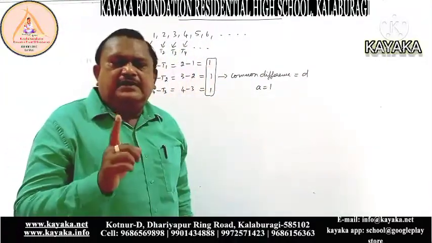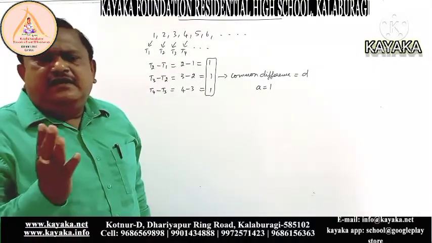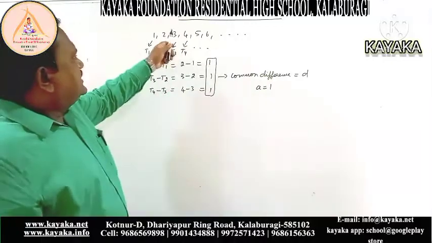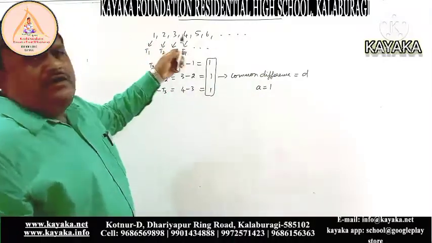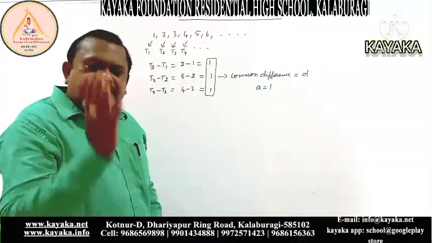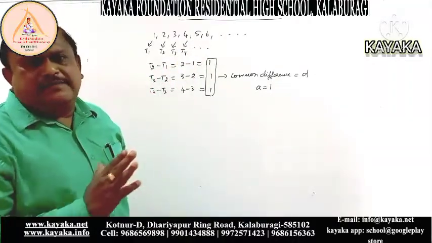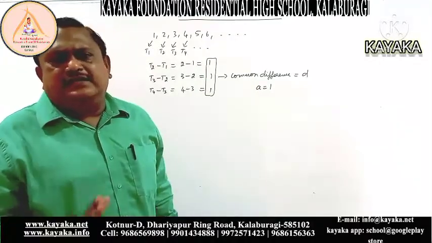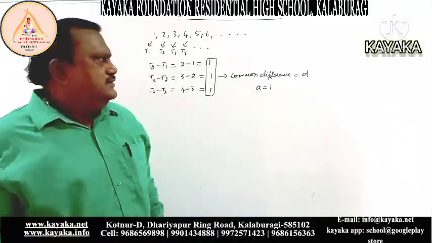A is the first term, D is the common difference. For finding this common difference, you can subtract T3 minus T2 or T5 minus T4, like that any term and its preceding term. If you subtract, except the first term, you will get the common difference. That's the main thing.